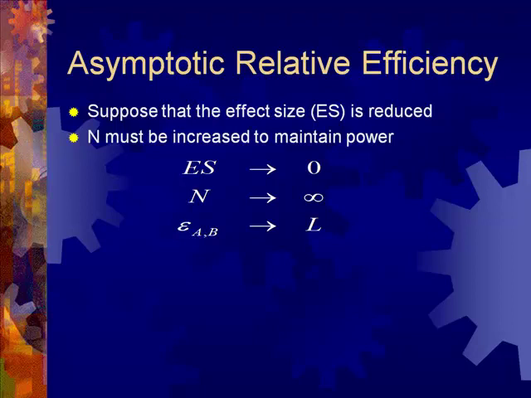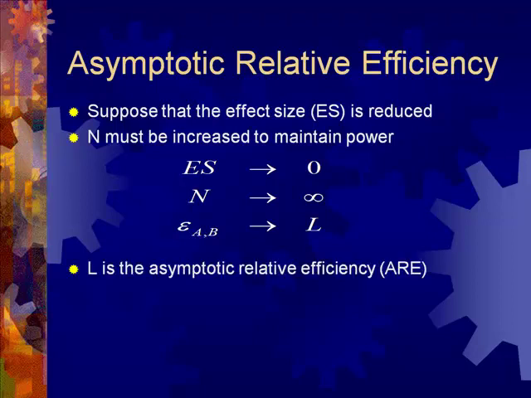and larger and larger. Well, it turns out that the ratio of the two sample sizes that we defined for local relative efficiency, if both those n's are getting large, that ratio fortunately approaches a constant. And that constant here is denoted L. L is the asymptotic relative efficiency.